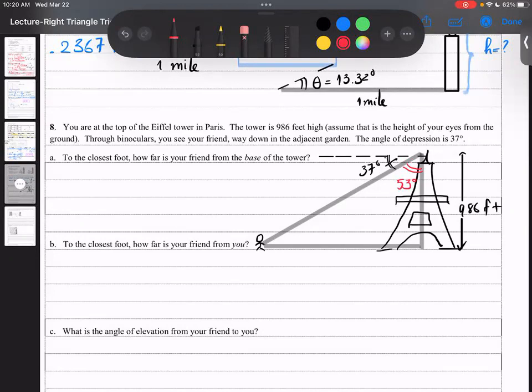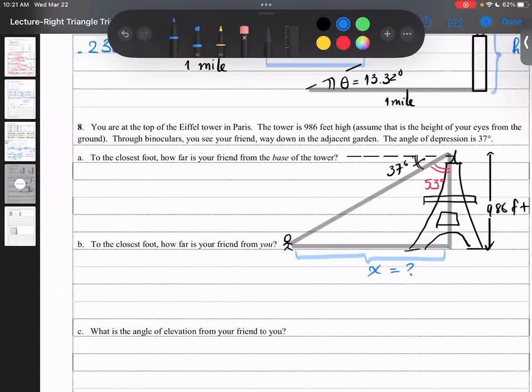What do they want? They want to find the distance between your friend and the Eiffel Tower, say he or she tried to get to you. I'm going to call that x. Tangent of 53 degrees. Same thing, right? I want to find one of the legs.